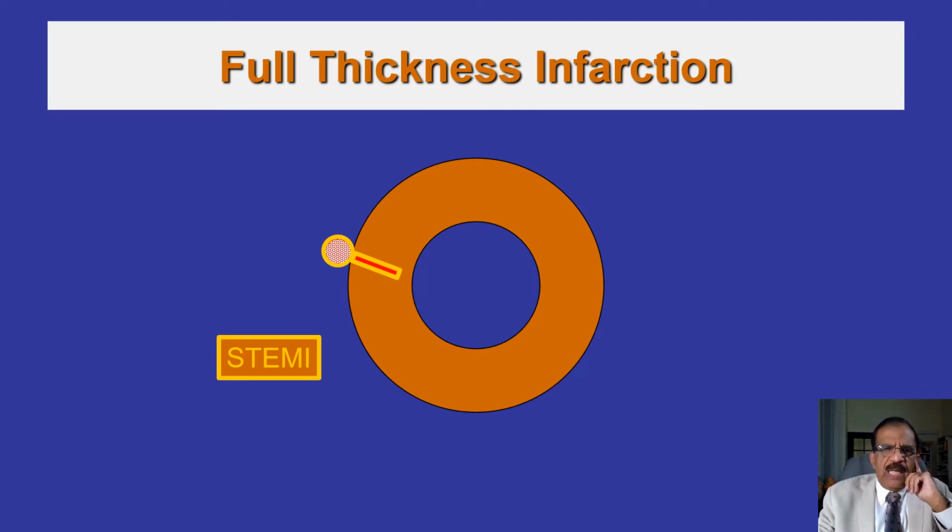Now, let me explain the pathogenesis, how these ECG changes develop. This cartoon shows the blood vessel, this is the coronary vessel. You know, our coronary vessels are on the surface of the myocardium, and one branch runs into the myocardium. This donut represents myocardium.